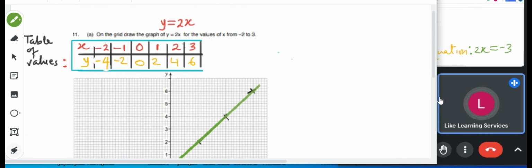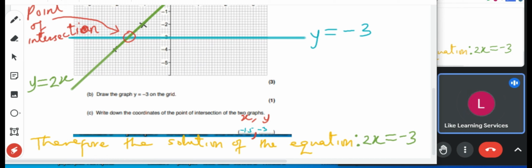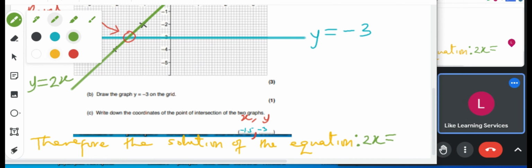The first graph we plotted was y equal to 2x, right? The second graph is y equal to minus 3. So let me use various colors for it, separated by the equality sign. You will get what I'm saying very quickly.